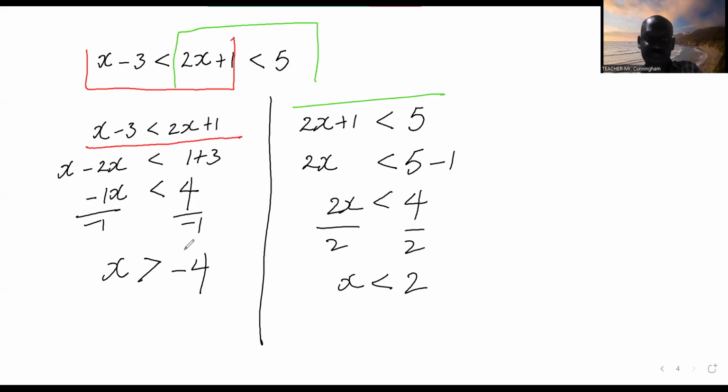And you just work it just as how you were working before. You bring the 2x over to the other side, it becomes negative. x minus 2x, negative 1x. If you divide by a negative value, the sign changes. If there's no negative value to divide by, the sign remains the same.